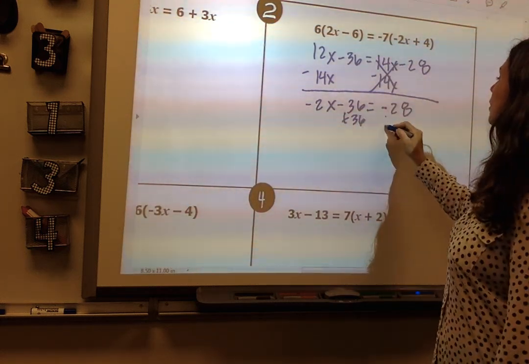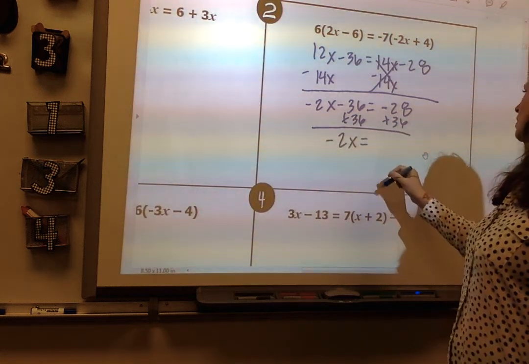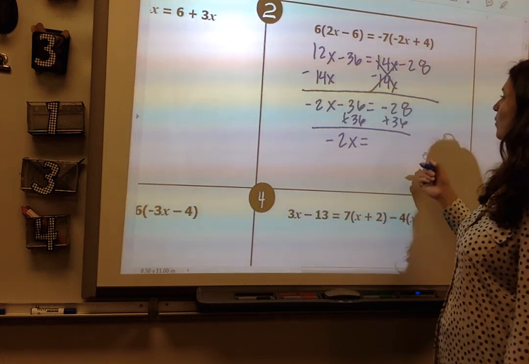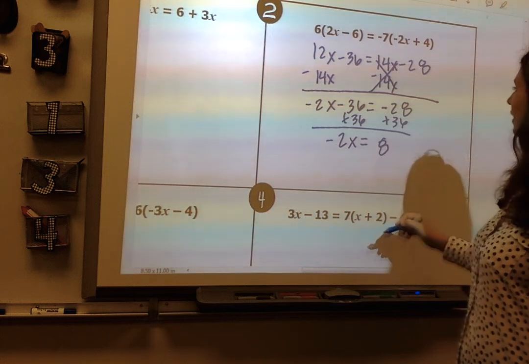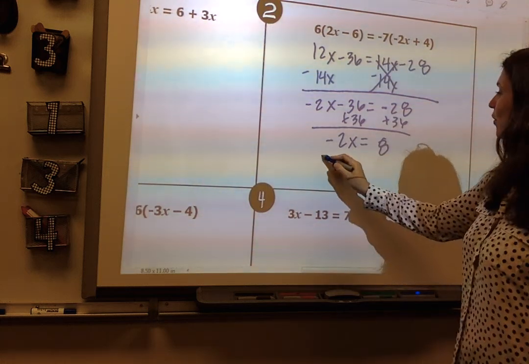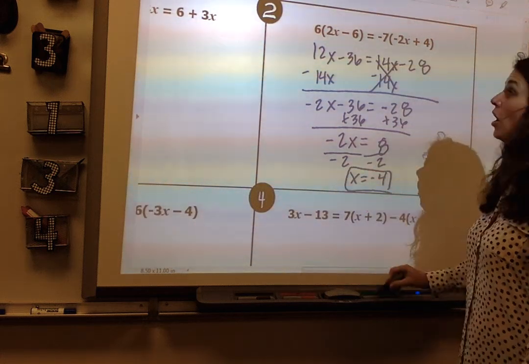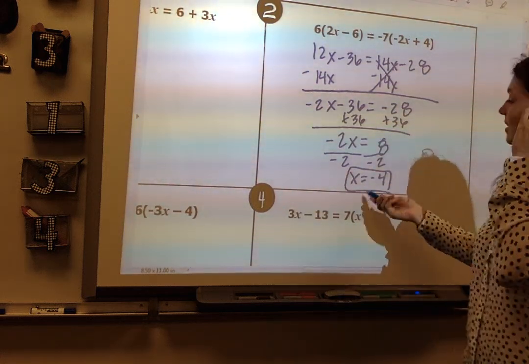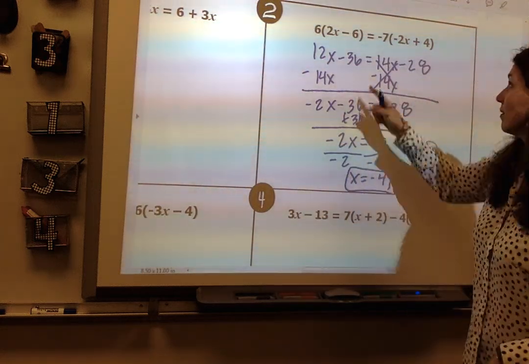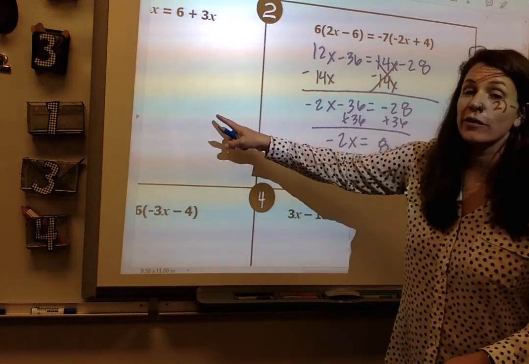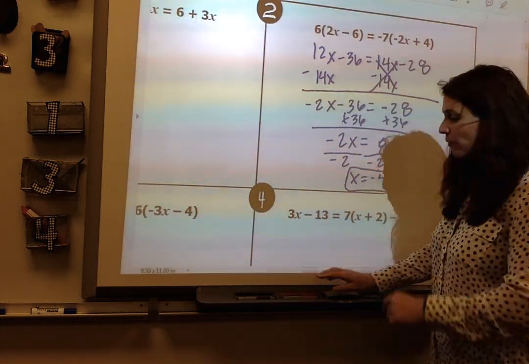I add 36 on both sides, and I get negative 2x equals 8. Then divide by negative 2, and x equals negative 4. So on number 2, I get x equals negative 4. Still an answer. That means there's only one value of x that works. Over here on example 1, you could have any value and it would be the same. But here I can still have one answer.